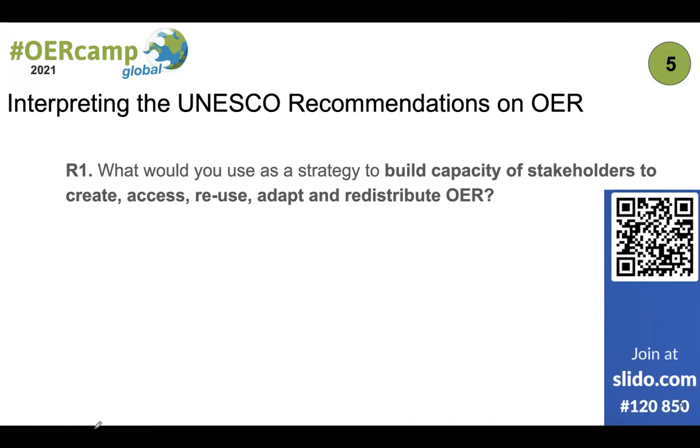and just enter 120850, and then there you can type in. If it is not comfortable, then please feel free to type in the chat box. But I would like to see this in slido.com. I want all of you to join or scan this QR code with your mobiles and then enter 120850. Let me share that screen for you. Let me just stop this and share that screen again.